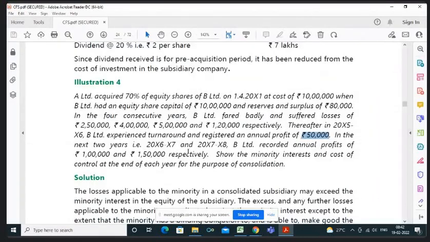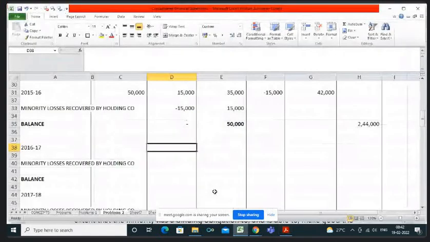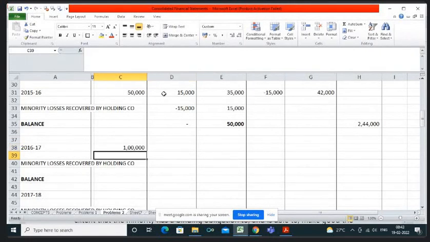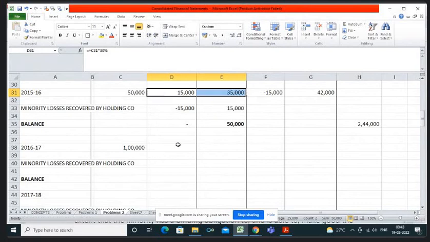So this is the last but one year. Annual profits of 1 lakh and 1,50,000. So we'll take the case of 1 lakh annual profits. So annual profits are 1 lakh. So what should we do? We have to do the apportionment as per the original shareholding ratio.